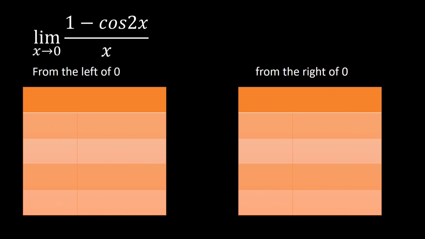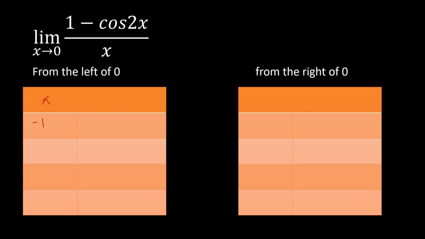Let's now move on to another example. We have the limit of 1 minus cosine 2x over x as x approaches 0. Using the tabular approach, we can get values from the left of 0. We can have negative 1.